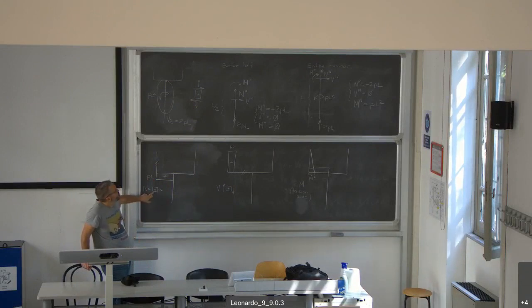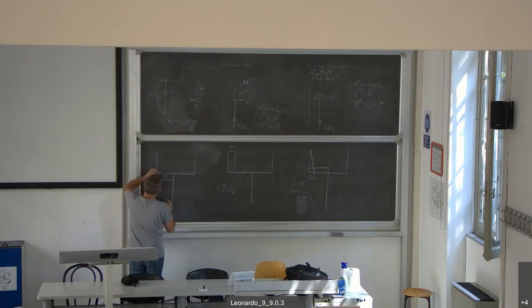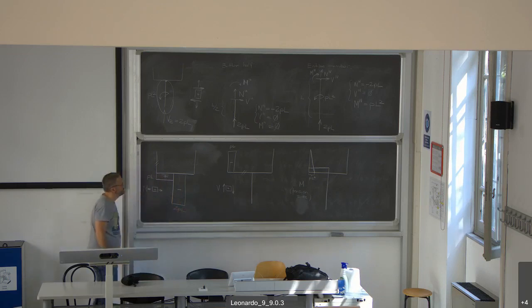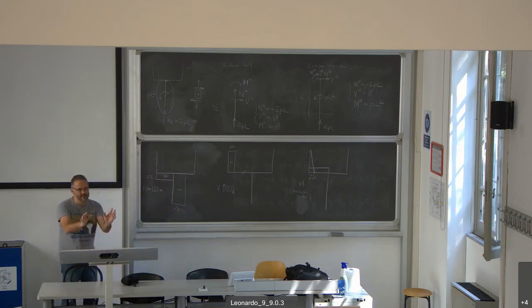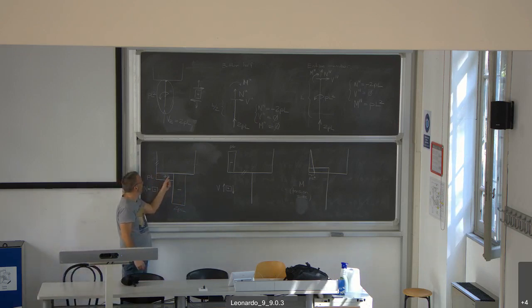What about axial force? 2PL, negative. So my diagram would look like, this is PL, this would be twice as much, to draw it in scale, minus 2PL. In this case, positive, I plotted it down.